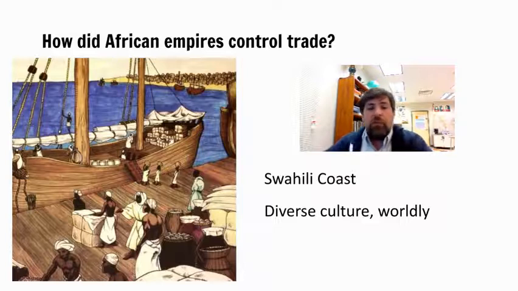The Swahili coast was incredibly diverse because they were in contact with India and the Middle East. They were exposed to Islam and they were exposed to Indian culture. And so Kiswahili is a language that combines the African language of Bantu with the Islamic language of Arabic.